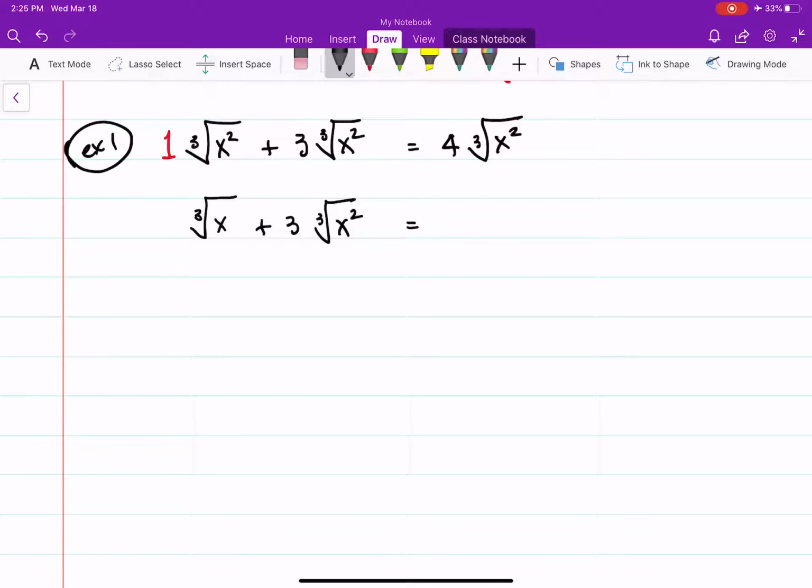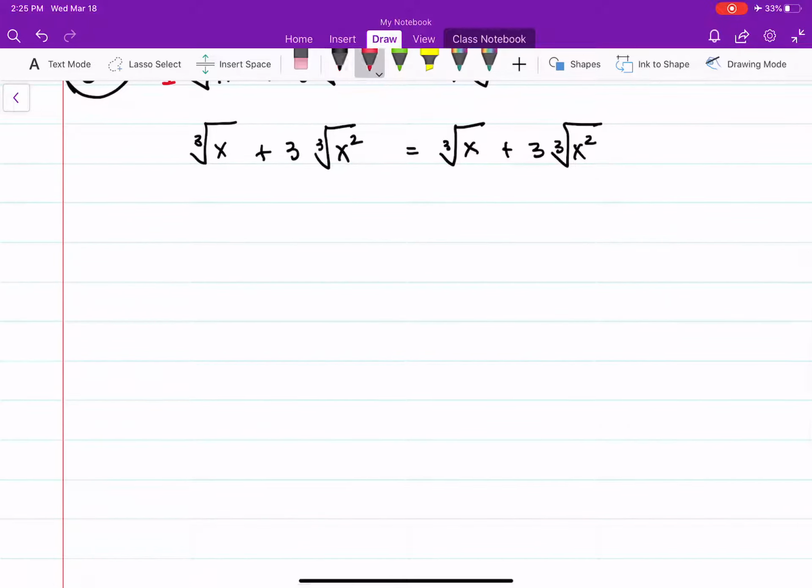So these two are different overall, so my answer is the same. I can't add these two radicals, so they are going to be as is, okay? So again, it's the same idea as polynomials.